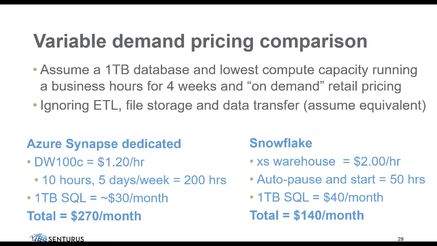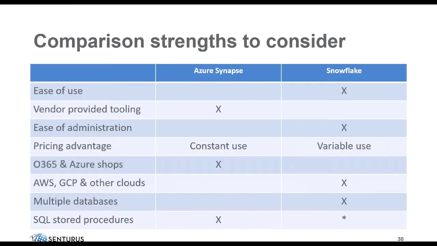So there are so many different ways to look at pricing, and so many organization-specific use cases. We'd be happy to dive deep on that with anyone, but it's hard to wrap up at a high level and say this is the one to pick based on price alone, if that's your driving decision point. So just a couple of things to think about there.